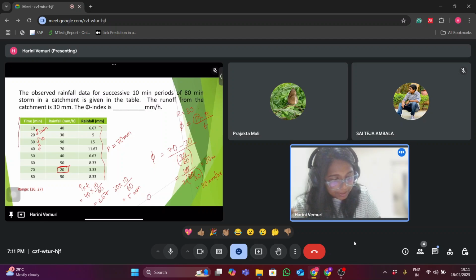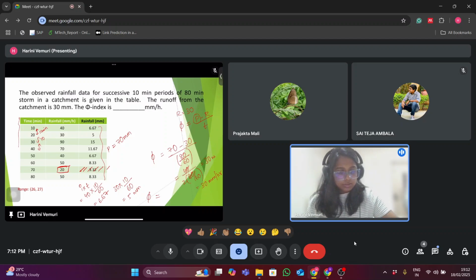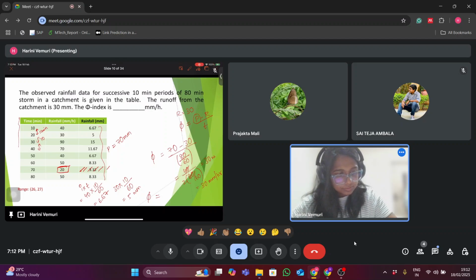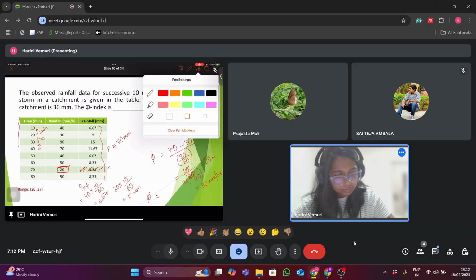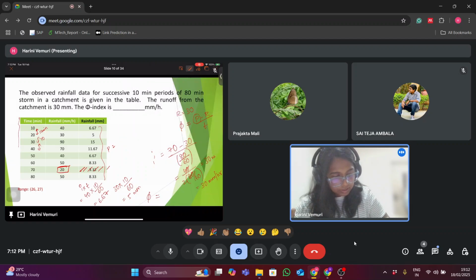So the total precipitation will be calculated by removing only this row. Oh sorry, actually I have made a calculation error here initially.